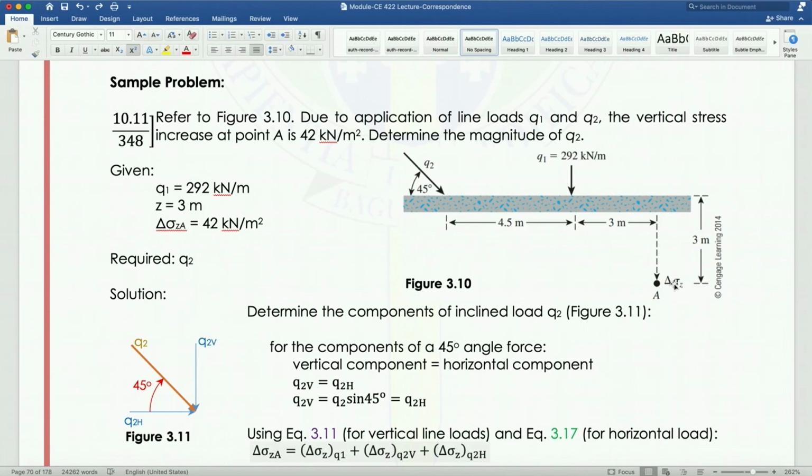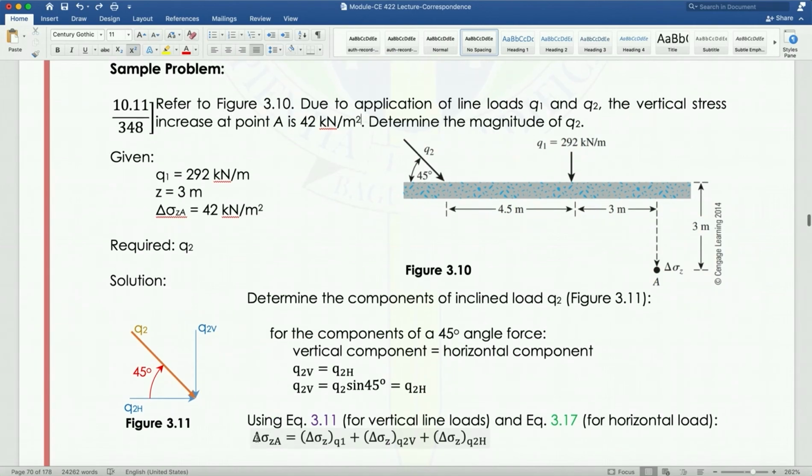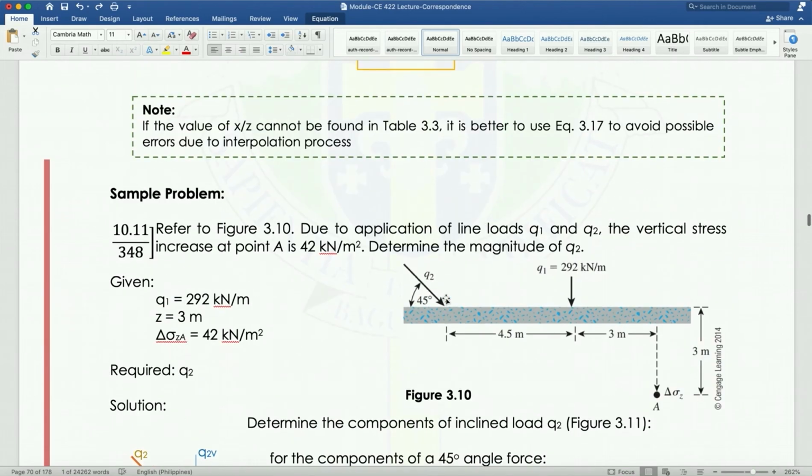So delta sigma z at A is equal to delta sigma z of Q1 plus delta sigma z of Q2 vertical plus delta sigma z of Q2 horizontal.